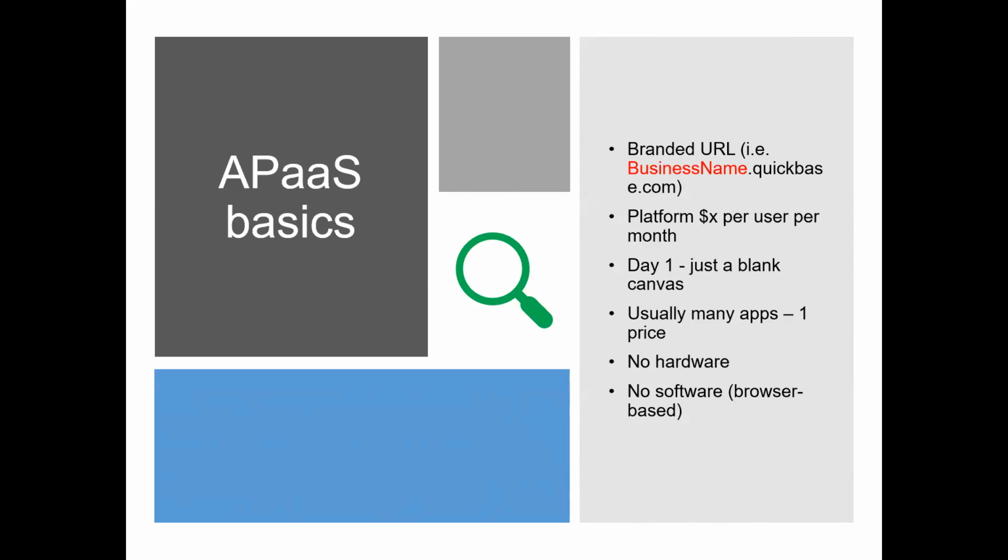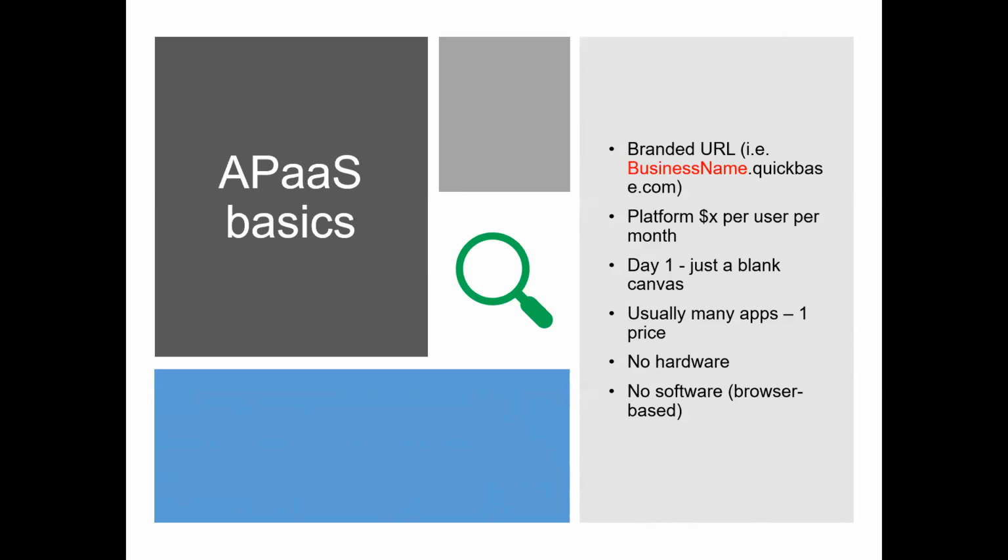The platform typically costs a number of dollars per user per month. That's how it's charged. And on day one, when you subscribe and go into the platform, you have what we call a blank canvas. There are no applications typically. There may be an application library like there is with QuickBase, where you can drag an application onto your platform and customize it and use something that's been pre-built.